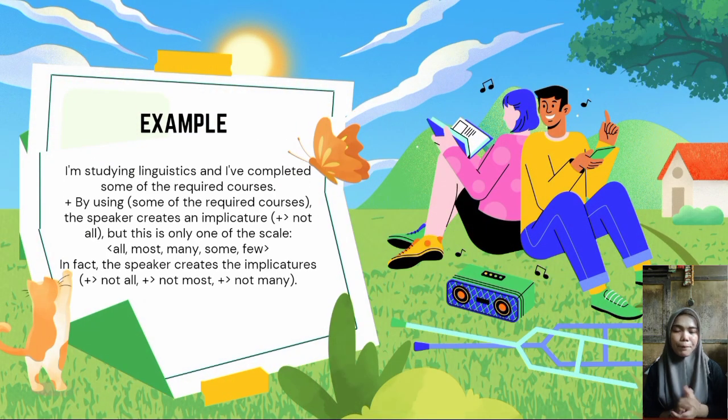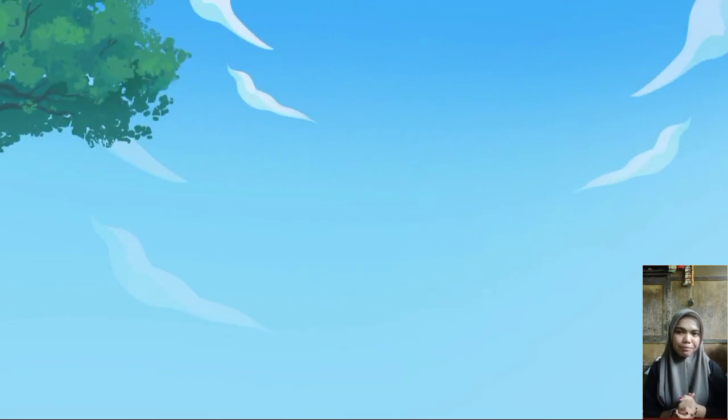For example, "I am studying linguistics and I have completed some of the required courses." By using "some of the required courses," the speaker creates an implicature: not all. This is only one value of the scale, it is some. In fact, the speaker creates the implicatures not all, not most, and not many.